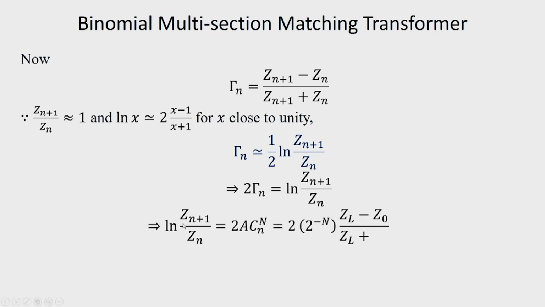Therefore, log Z n plus 1 by Z n, we can now substitute gamma n, which is A times N C n, and then substitute the value of A, which is 2 to the power minus N times ZL minus Z0 divided by ZL plus Z0, what we have derived earlier.